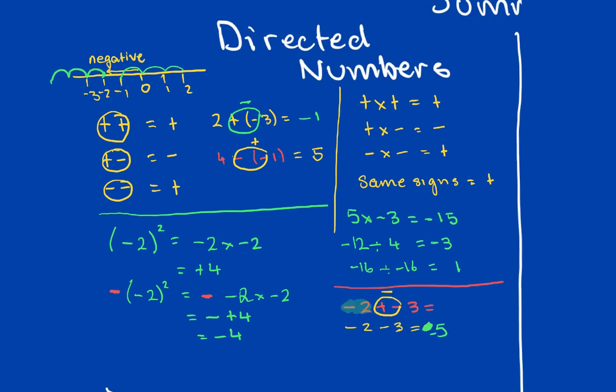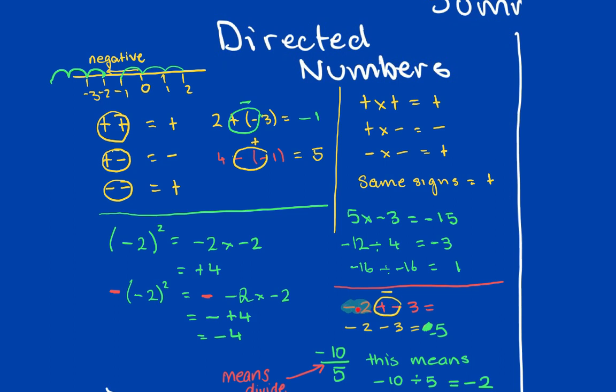Okay, one last question over here. I've got negative 2 plus or minus negative 2 plus or minus 3 equals. Okay, so let's just have a look at this question here first. A lot of people get confused that this negative here is part of this, but it's not.